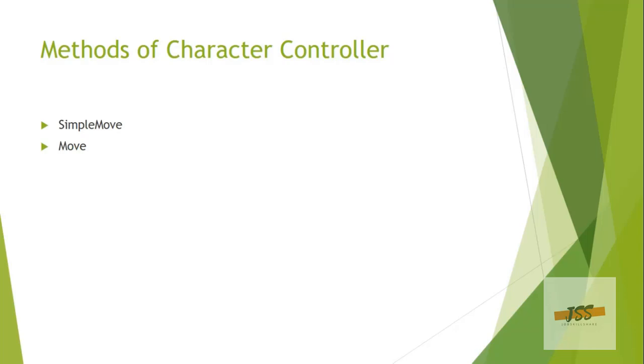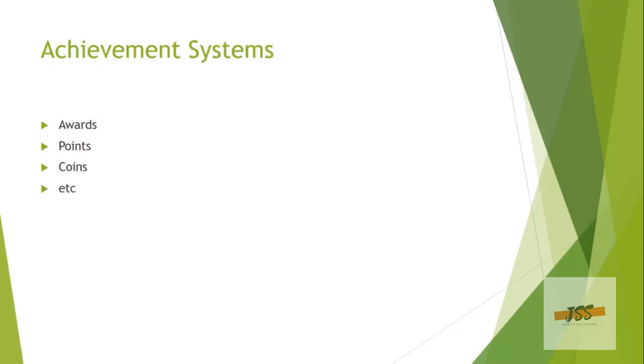So let's move towards achievement systems. As per the name of the content, achievements are recognized as awards. For example, we have a player in a game who has to jump across the obstacles. As it keeps avoiding obstacles by jumping, the counter keeps counting the number of obstacles crossed.